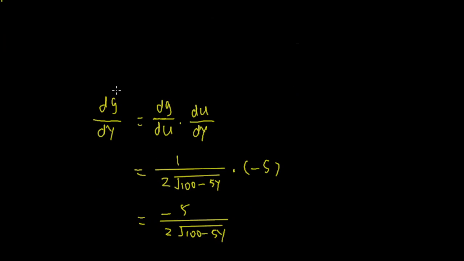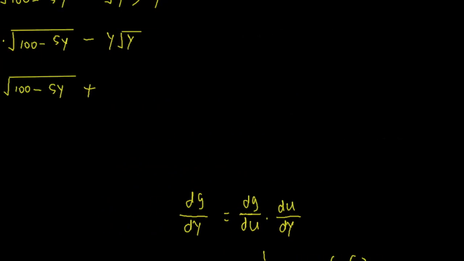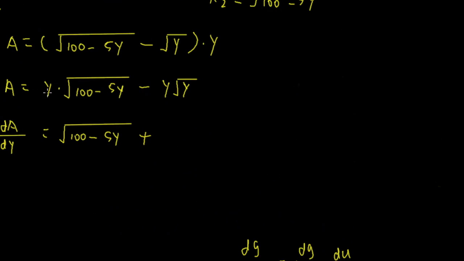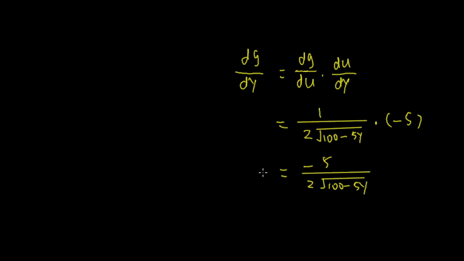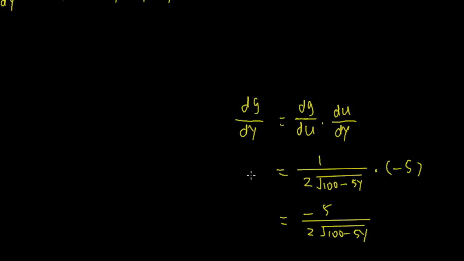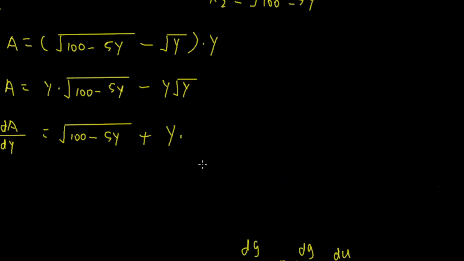So now it's just equal to y times the derivative of this, plus the derivative of y times this, right? -5/2 times square root of 100 minus 5y, times -5/2 times the square root of 100 minus 5y. Okay, minus, right? What's the derivative of y times square root of y?